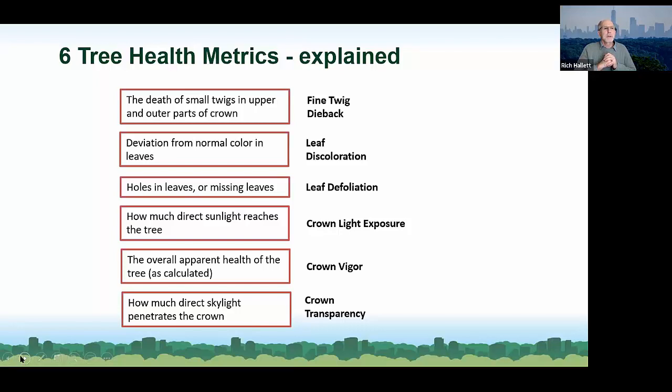And then crown transparency: when trees start to become stressed, they put less energy into creating new leaves, which impacts their ability to photosynthesize, or sometimes they drop leaves, making the crown thinner.